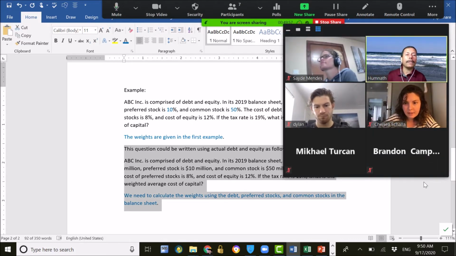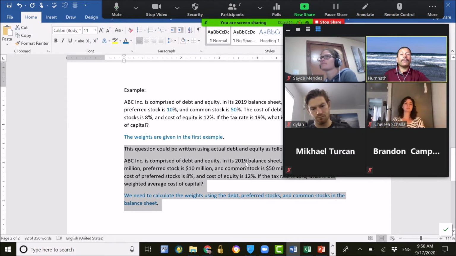It is a lot easier than what you think. Okay, this one is, I think, one of the easiest chapters in my opinion. And I gave you the balance sheet, right? Sometimes you have to use the market information. Debt is trading in the market, equity is trading in the market.